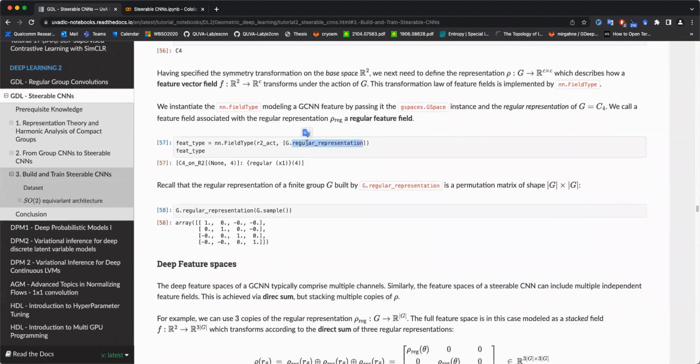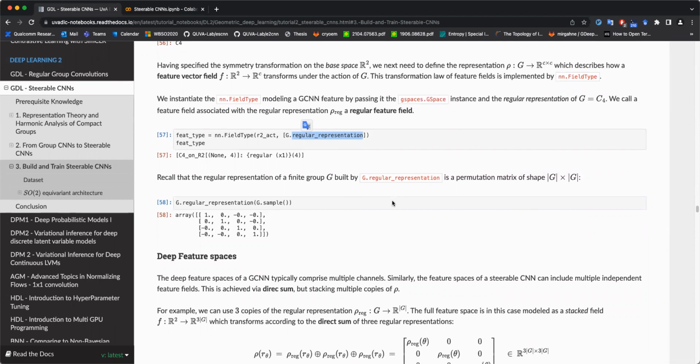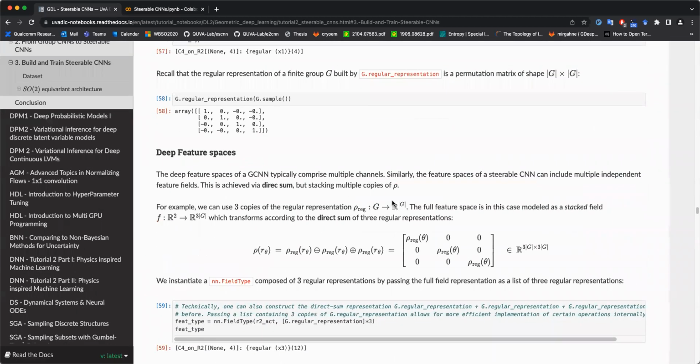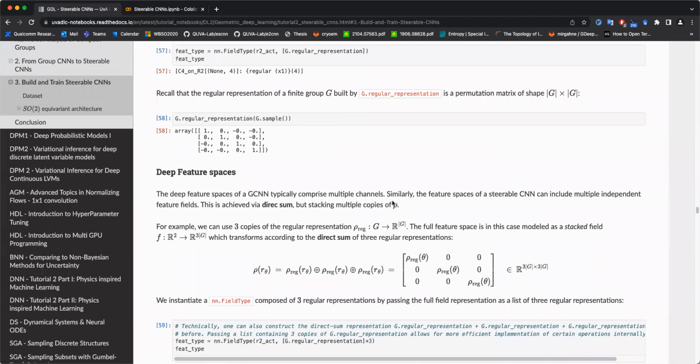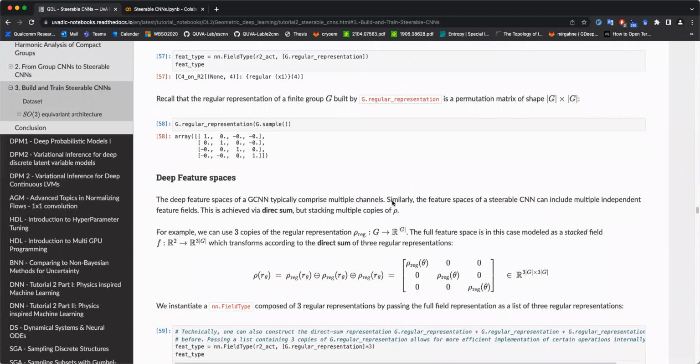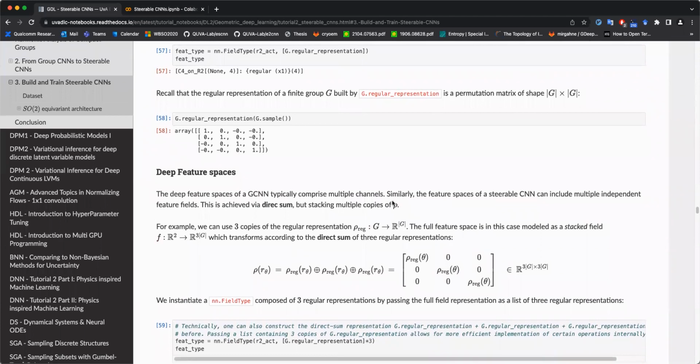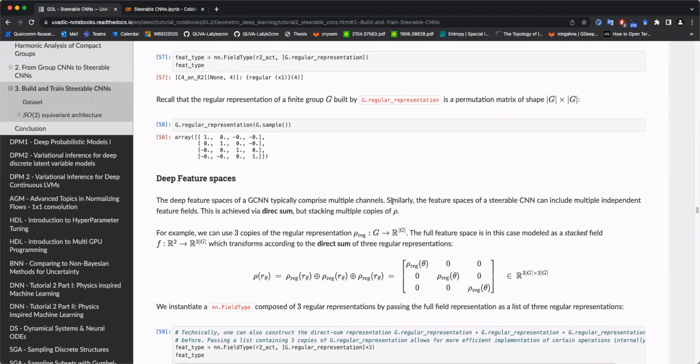For example, we pick the regular representation of the cyclic group of order 4. We're going to build a group convolutional neural network as a first example. Now, like in a normal neural network, you usually want to have a lot of channels and go very wide, because wider neural networks are more expressive and more powerful. To do that, it doesn't always make sense to build really big representations.